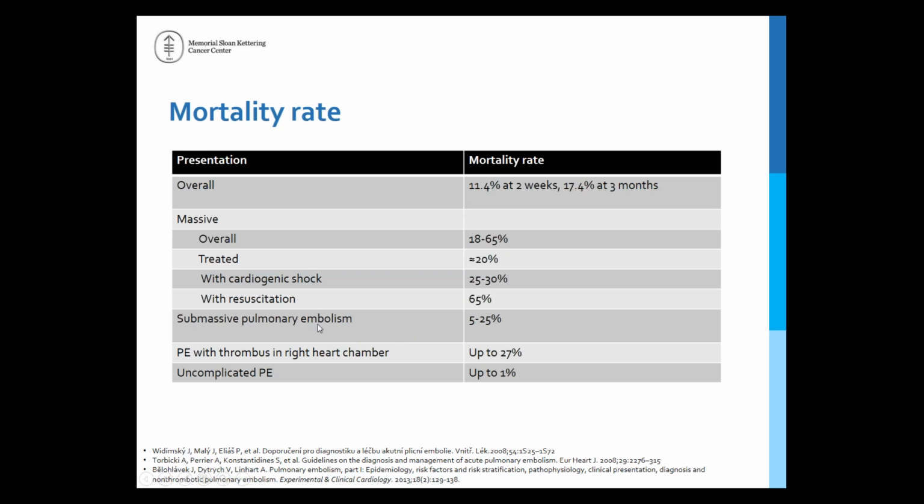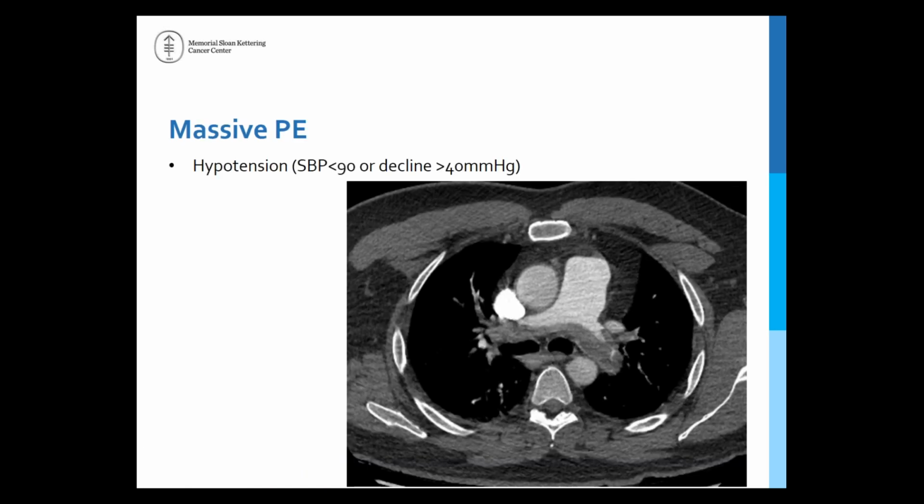If the patient has submassive pulmonary embolism, now the mortality rate is less. It is 5 to 25%. And this is important when we start talking about treatment. When the patient has only simple PE or uncomplicated PEs, this patient is normotensive, no evidence of right ventricular compromise, the mortality rate is about 1%.